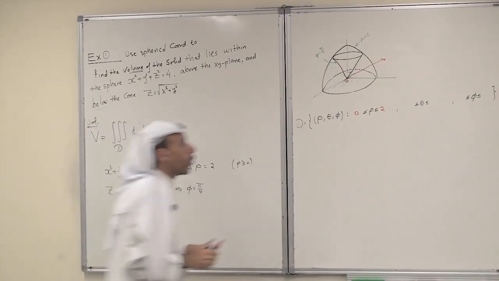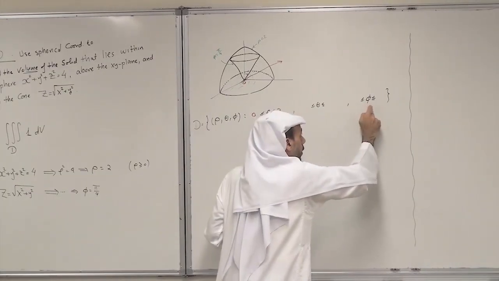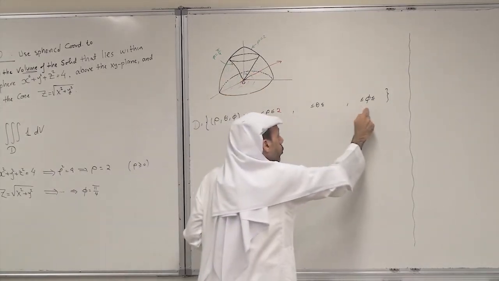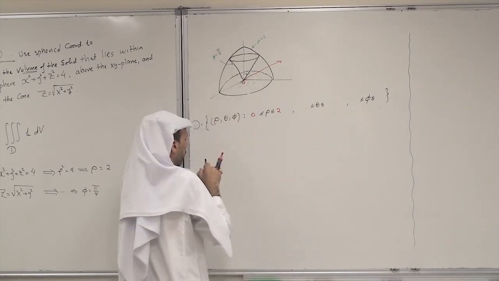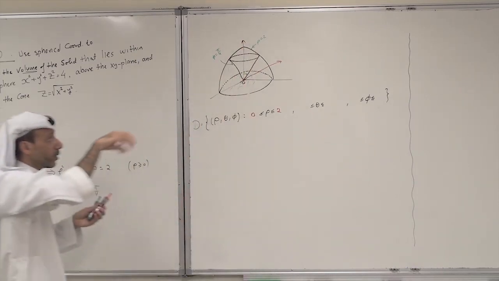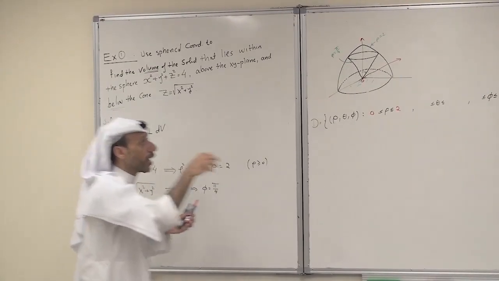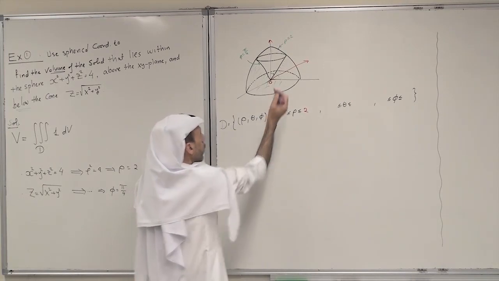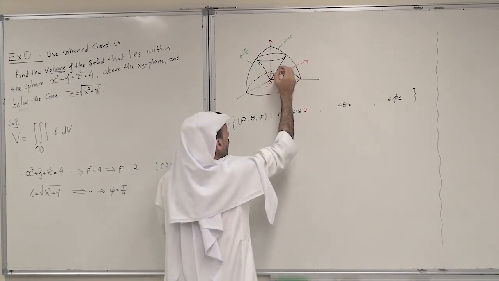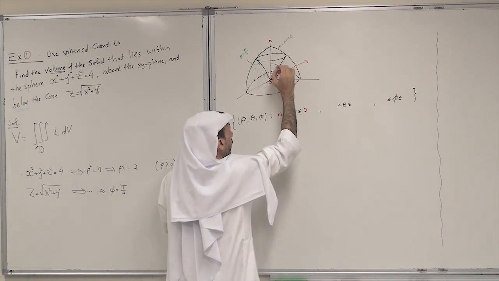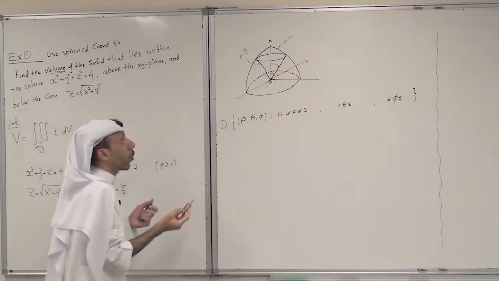For phi, it is the angle of the points, and we measure these angles from the positive z-axis. For the points of the solid, what are the possible values of phi? From the positive z-axis to the cone, this is pi over 4.